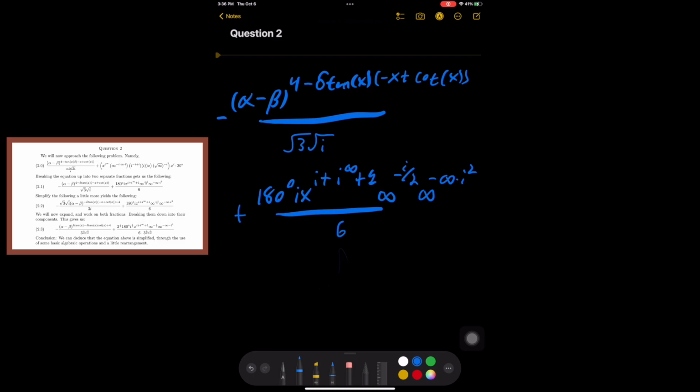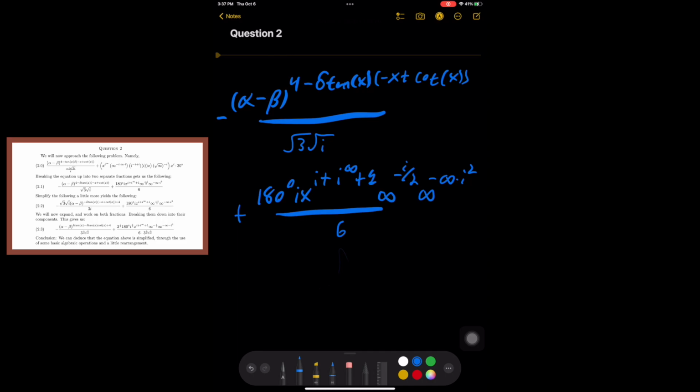So now this is perfect, because we have it separated into 2 fractions, and we can simplify both subsequent fractions and then add them together when we feel like it. So if you look at it, you can notice a couple things that we can do, okay? So if you note the root 3 root I on the bottom, we can actually simplify that by taking root 3 root I, bringing it to the numerator, and having the denominator as 3I. So that's one way we can simplify that particular part of the equation.